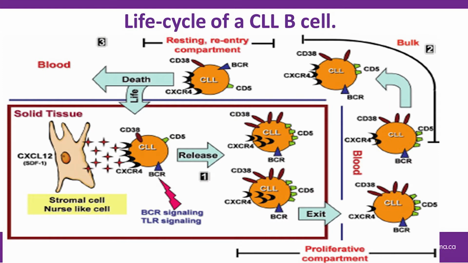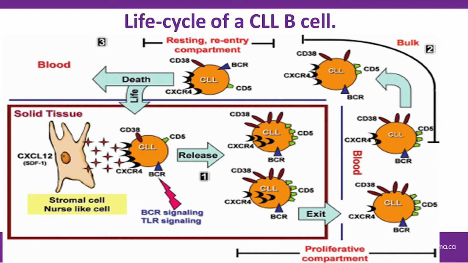And so in the microenvironment, signals are provided that help stimulate the B cell receptor. Other signals are provided that support the growth of the CLL cell. And then the CLL undergoes a few rounds of proliferation and comes out of these areas, circulates in the blood, goes back again, and goes back and forth and gets these bursts of proliferation.